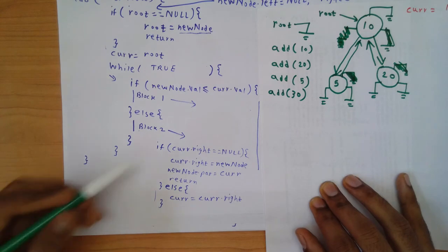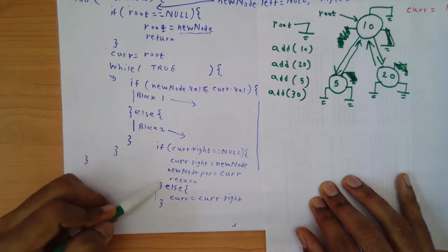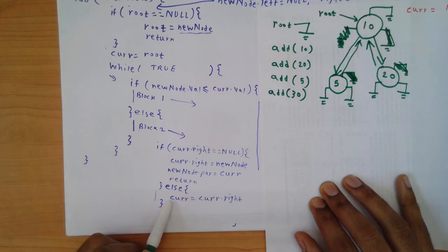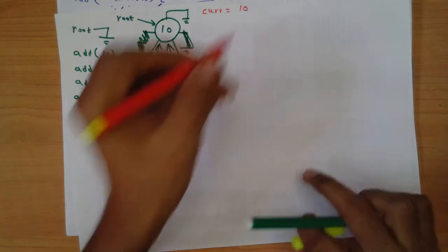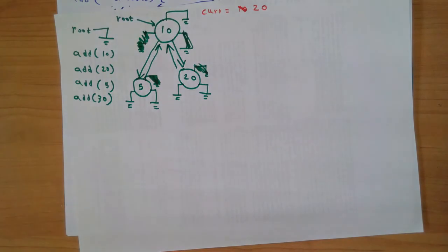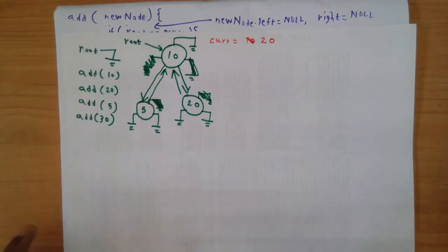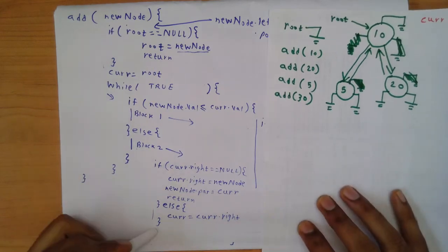So I'm not going to satisfy this condition. So I'm going to skip this if, and I'm going to execute the else. So I'll set my current equal to current dot right, and what is going to happen is my current will now be 20.